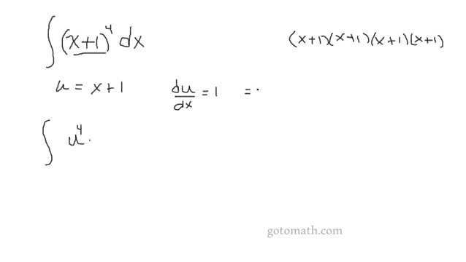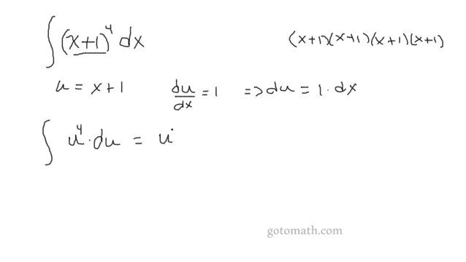What we're going to do here is solve for du, bringing this dx diagonally up, so we have du is equal to 1 dx. Well, there it is, and so this becomes du. Now it's in a form that we know how to do the indefinite integral.